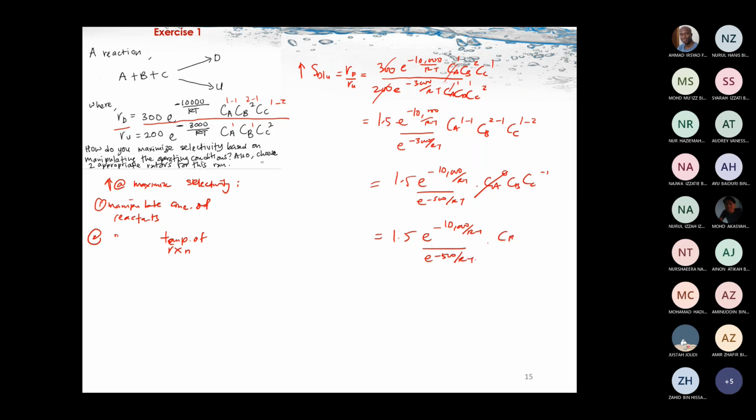Okay, so that's why you kena simplify, nak tahu mana satu perlu tinggikan, mana satu perlu rendahkan. So in this case we have to maximize the CB concentration but minimize the CC in order to get higher SDU.